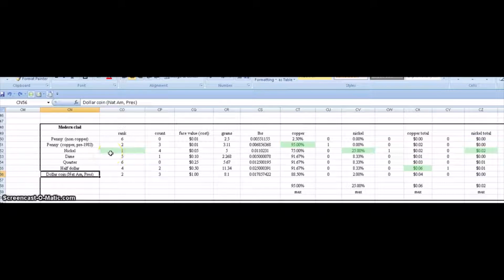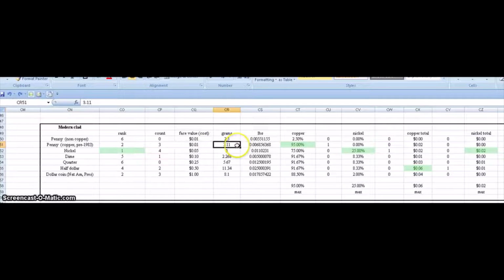I'm not going to cover this in as much detail because similar stuff is done in my video on ranking the silver coins, but I'm just going to go through it. Let's just take the copper penny. There's a face value of 1 cent.